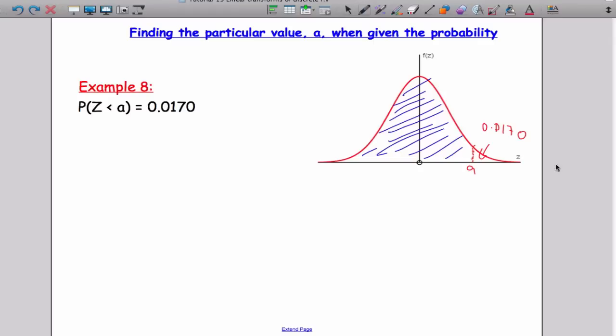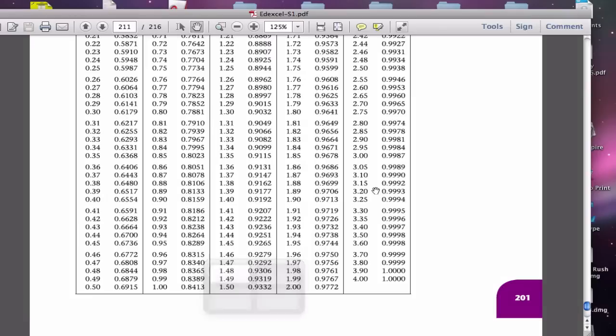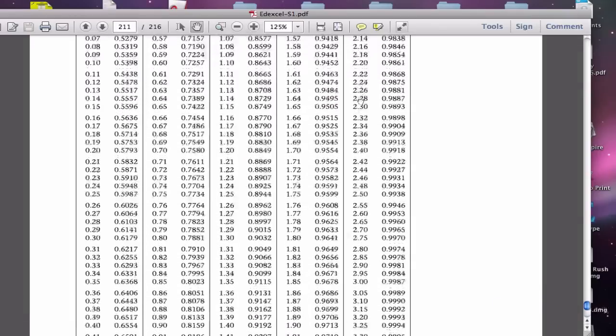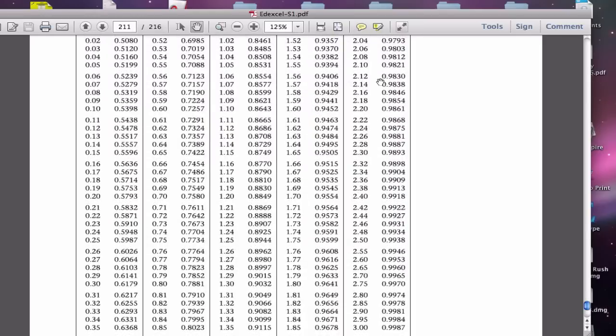So this blue area in here is 0.983. Okay, let's see if we can find a value in our tables that has a probability of 0.983. Let's have a scan through. 0.9830 has a particular value of 2.12.